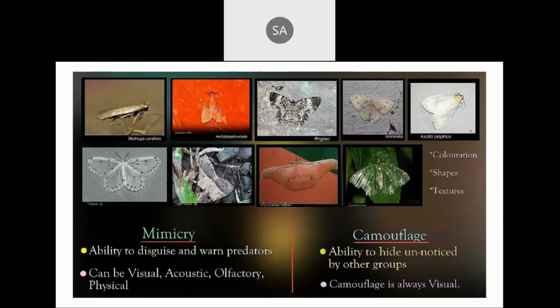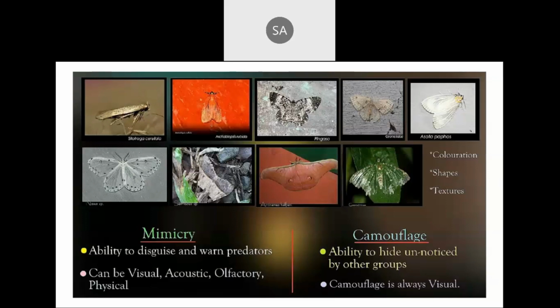Acoustic, I have told that some moths have organs that are ears, or sometimes they have organs that produce sounds. So these types of mimicries are called acoustic mimicry. Then also some moths have olfactory mimicry, such that they smell like different kinds of moths or different kinds of species we don't know about.